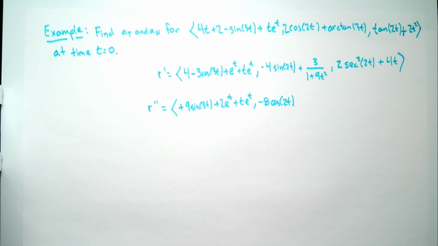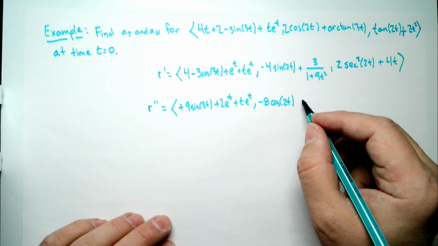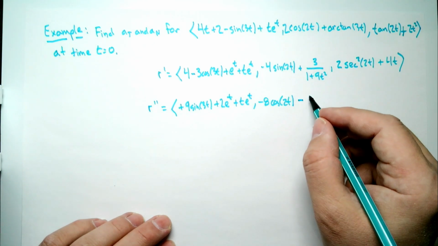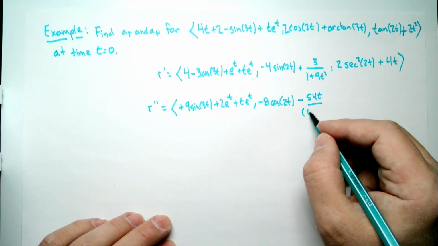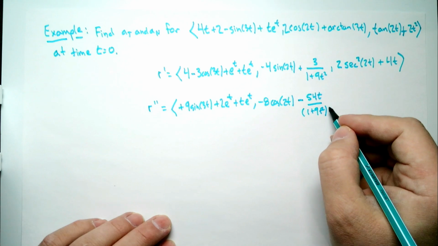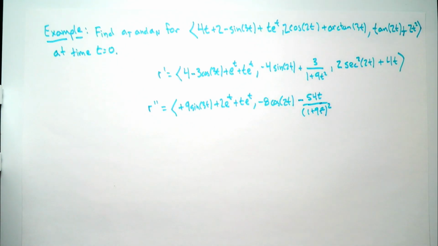And here, when we apply the chain rule, because really, you can think of 3 over 1 plus 9t squared as 3 times 1 plus 9t squared to the negative 1 power. If I think of it that way, then this becomes minus 54t over 1 plus 9t squared to the power 2. So that was the chain rule being applied.